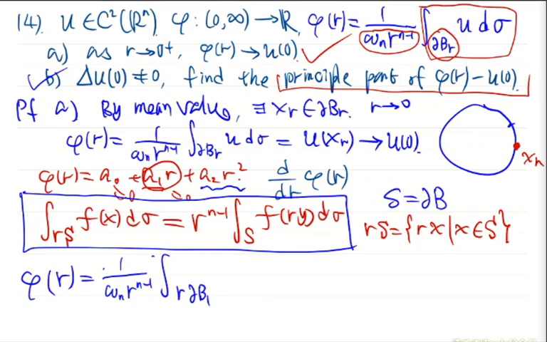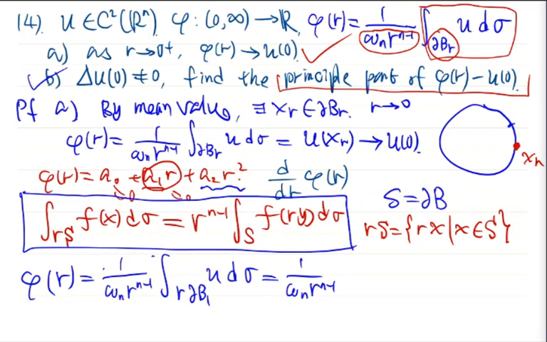Then the integral of u d sigma, by the scaling formula above, gives r^(n-1) times the integral over the unit sphere of u(r x) d sigma.